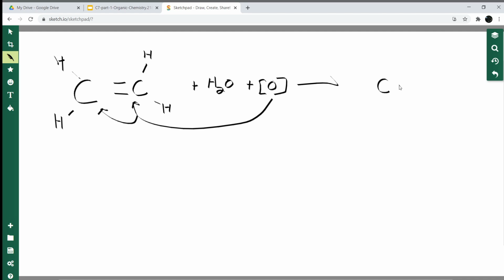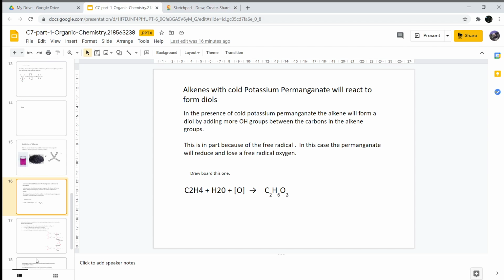We're going to end up getting those oxygens attaching and forming what's known as a diol. And a diol is just an alcohol that has two alcohol groups on it, okay? And that's for if we have a cold solution. So the idea is that a cold solution doesn't have quite as much energy involved, and because there's not as much energy involved, the double bond will get attacked, but it will only get attacked once.